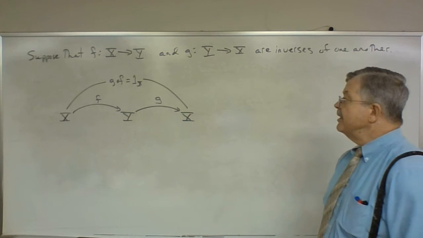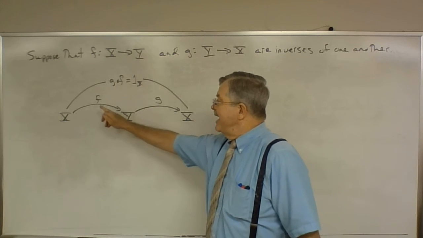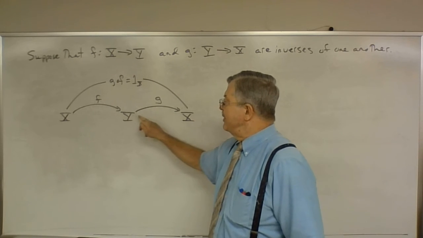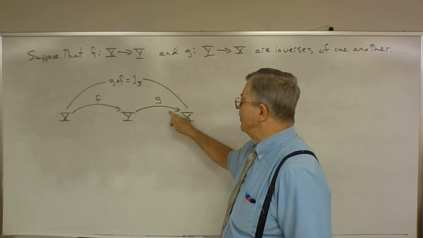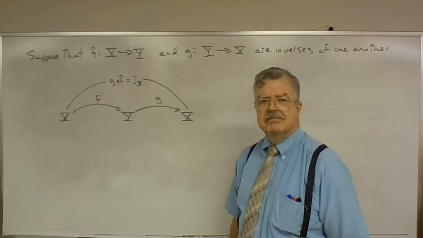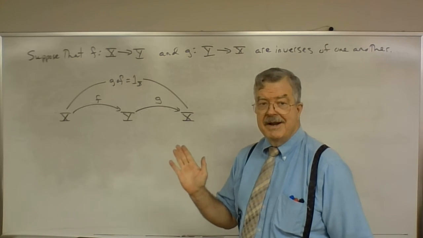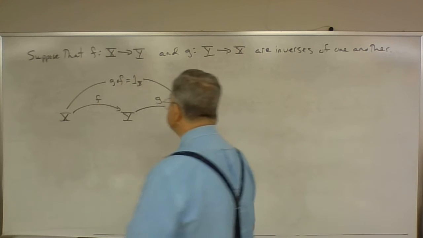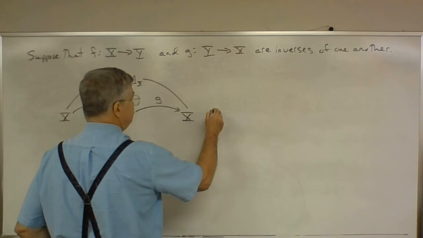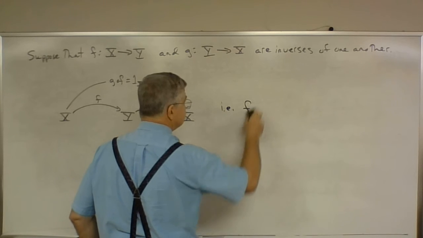Well then, we have f going from set x to set y and g going from set y to set x being the identity function, which is 1 to 1 and on to.